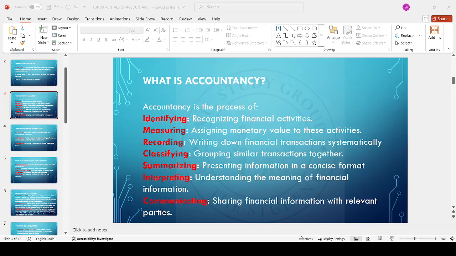Now interpreting is about understanding what the summarized financial information means. That we prepared, the summarizing, the P&L account and balance sheets together. So interpreting basically will help us understand those statements. For example, if the company is making profit, is it spending too much money?